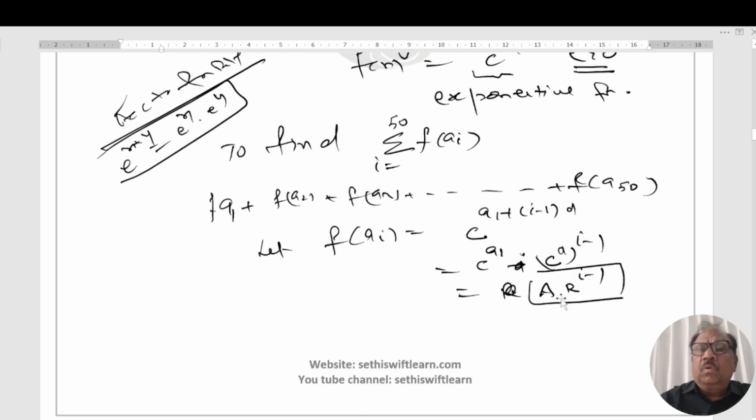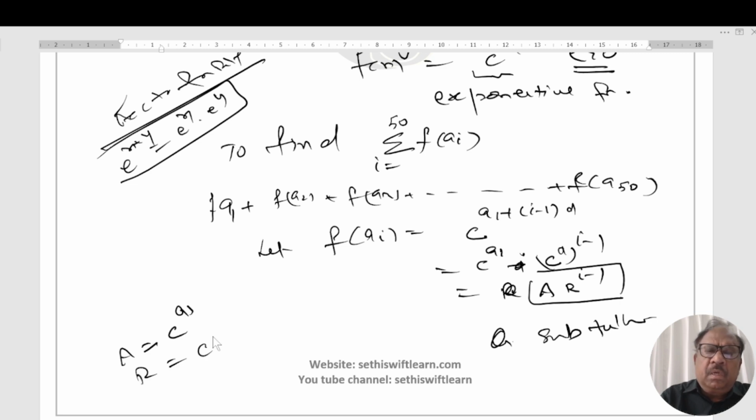Taking the first term as a, and substituting further, where a is e to the power a1 and r is e to the power d. Now further making the series.